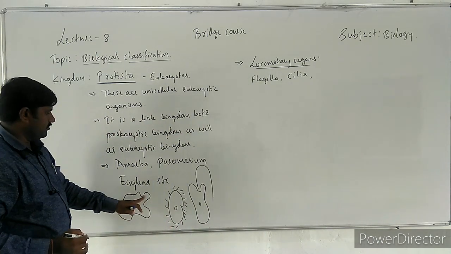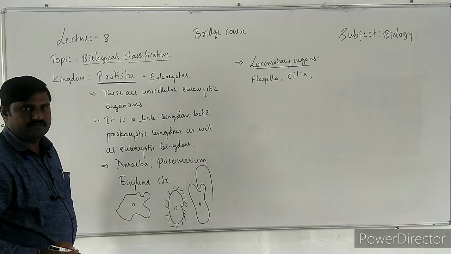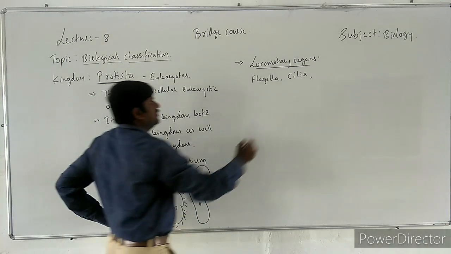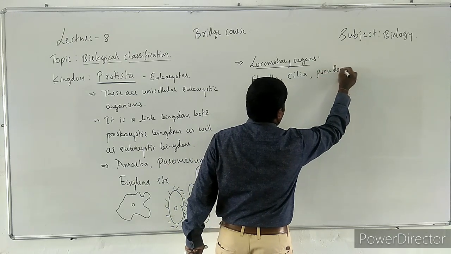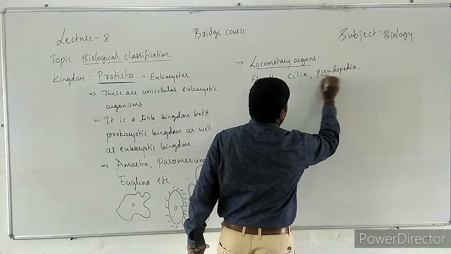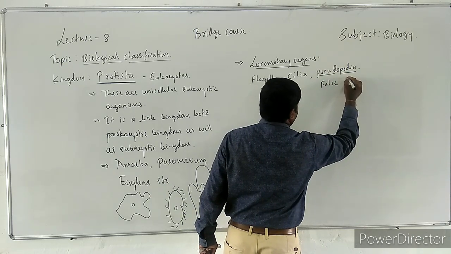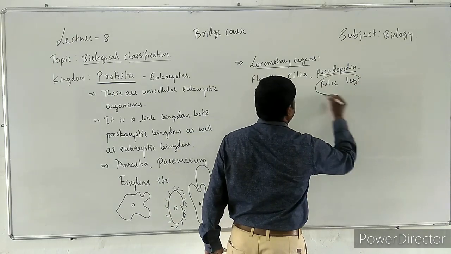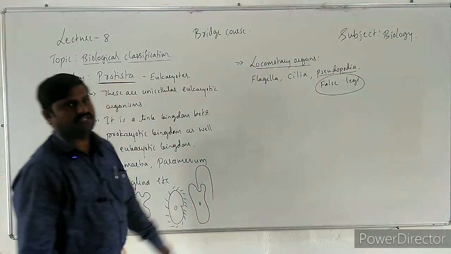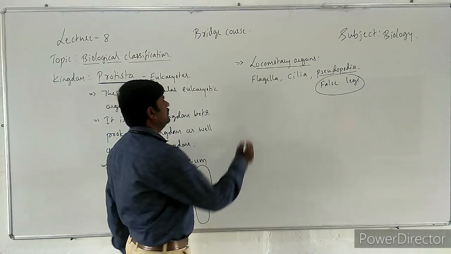Even some of the locomotory organs are said to be pseudopodia in case of amoeba. Pseudo means false, podia means legs or limbs. False legs, these are called. Such kinds of locomotory organs are seen in these protistans.